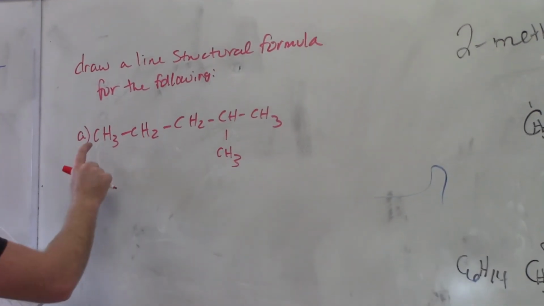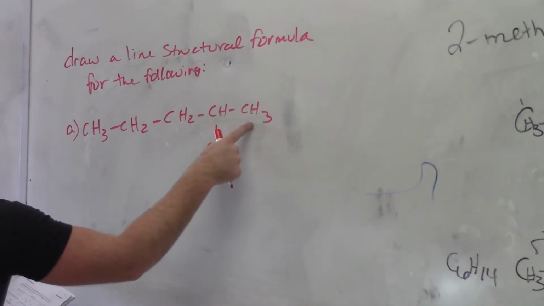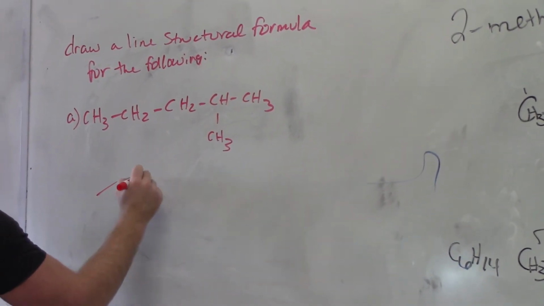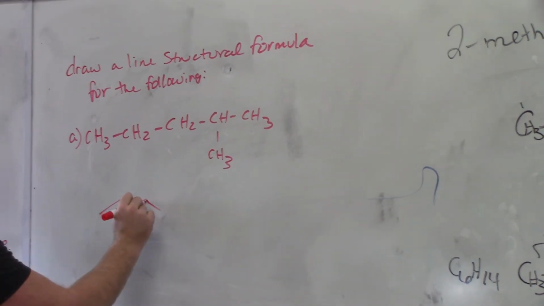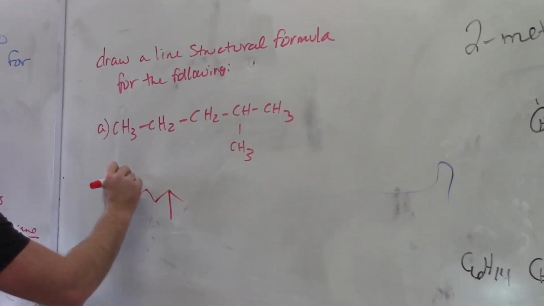Okay, so line structural formula, so there's 1, 2, 3, 4, 5 carbons as the parent molecule. And then I have a methyl group, so it goes there. All right, so this is 2-methylpentane.